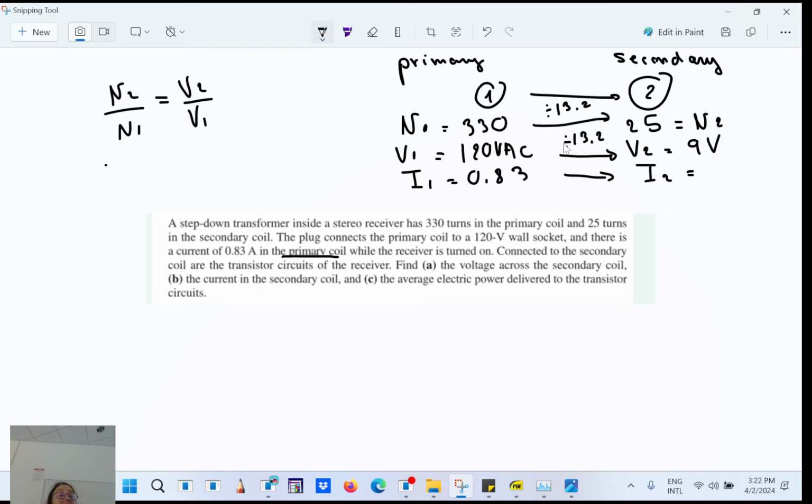So if the voltage is divided by 13.2, the current will be multiplied by 13.2. So for the voltage it's the opposite, it's inversely proportional. This is the current here.